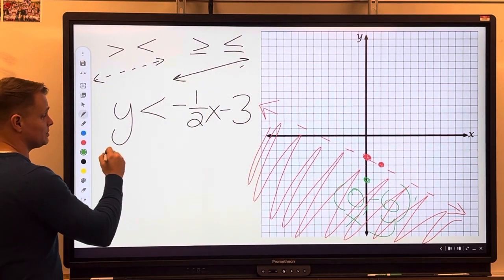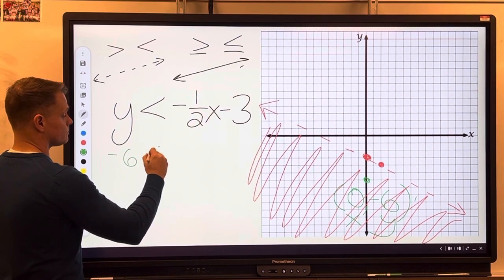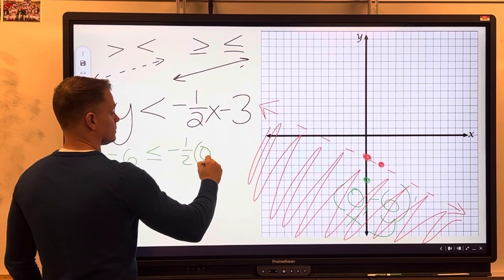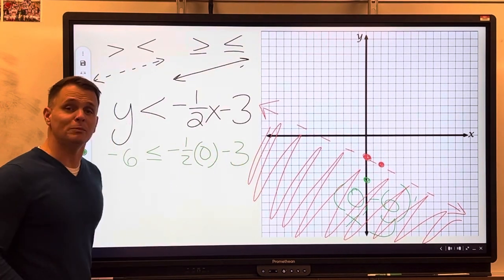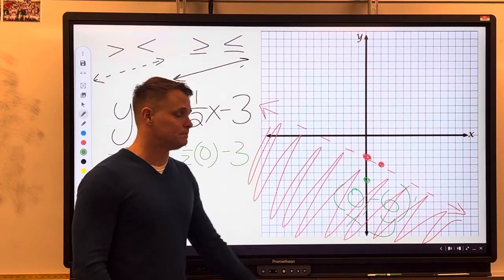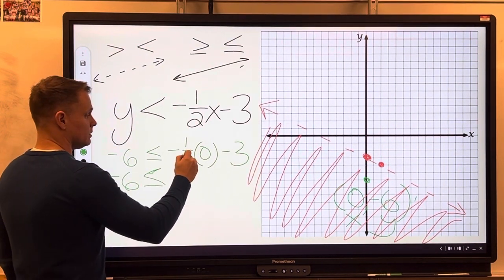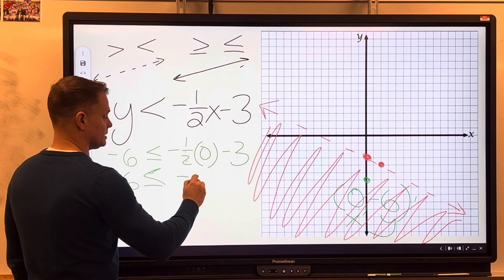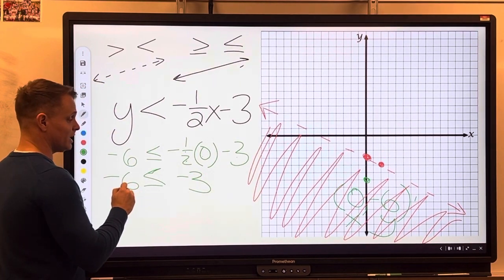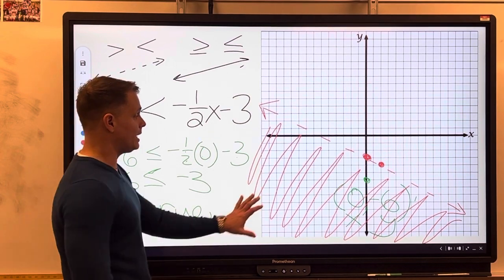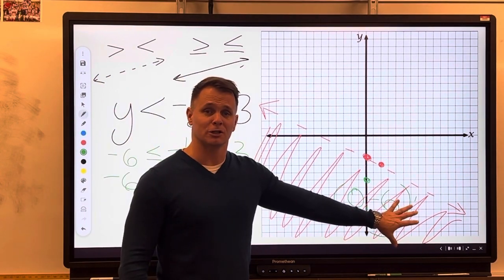If you put -6 in for y and you put 0 in for x, this should be true because you picked the true side. So we get -6 is less than -1/2 times 0 minus 3 is -3. -6 is less than -3. That's true. Any point you pick on this side is going to be true.